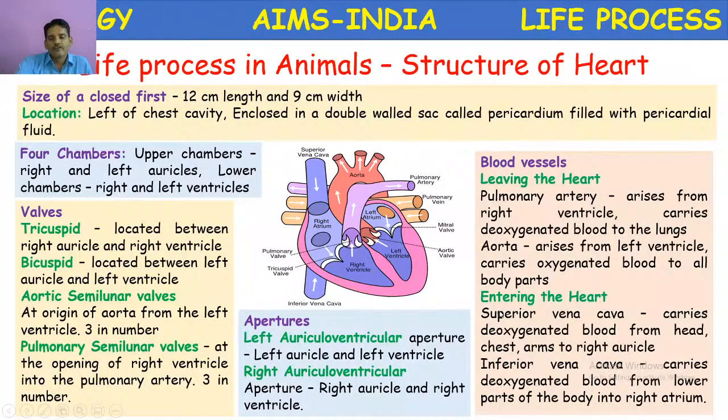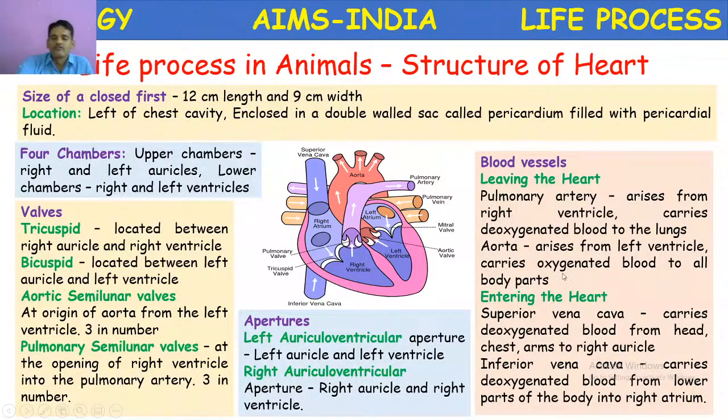Next, the blood vessels which are entering the heart are veins, the vena cavae. There are 2 vena cavae, the superior vena cava and the inferior vena cava. The superior vena cava collects deoxygenated blood from the upper parts of the body and opens into the right atrium. The inferior vena cava collects from the lower parts of the body and opens into the right atrium.